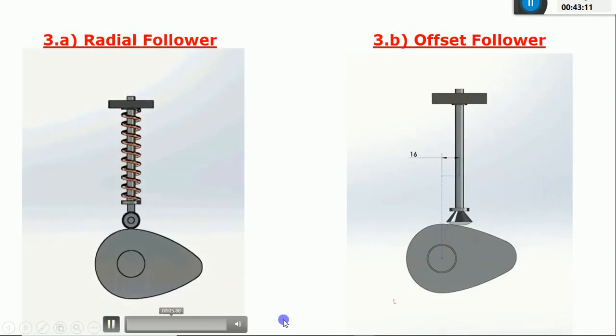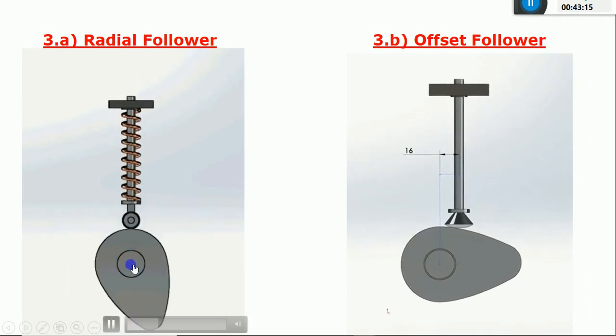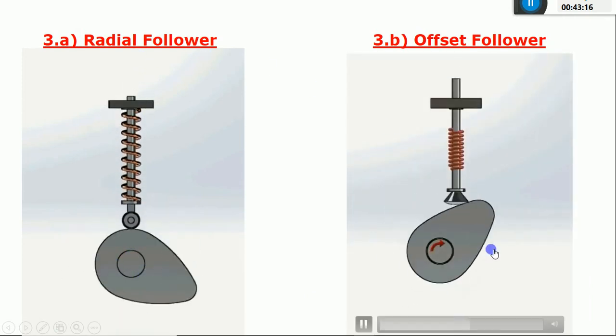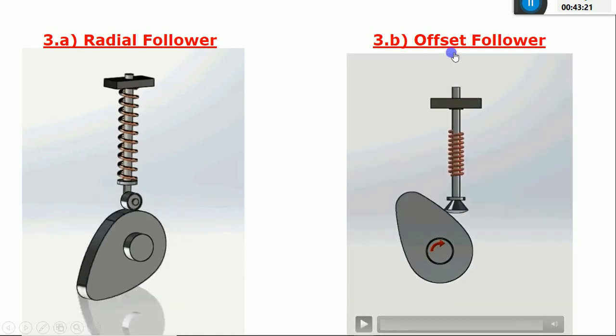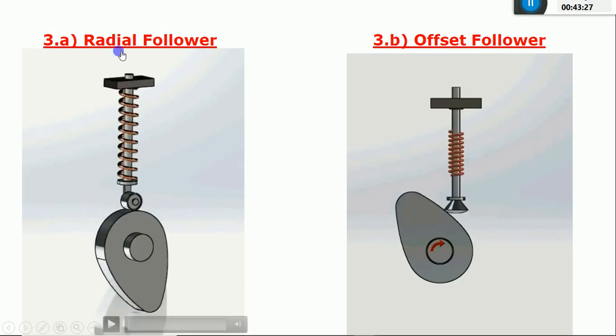If the axis of the follower is in line with the center of the camshaft, it is called a radial follower. If it is slightly offset either towards the right or left, it will be called an offset follower. Just remember these two. These two are very important from the exam point of view. On this radial follower and the offset follower, you are going to design the cam profile.